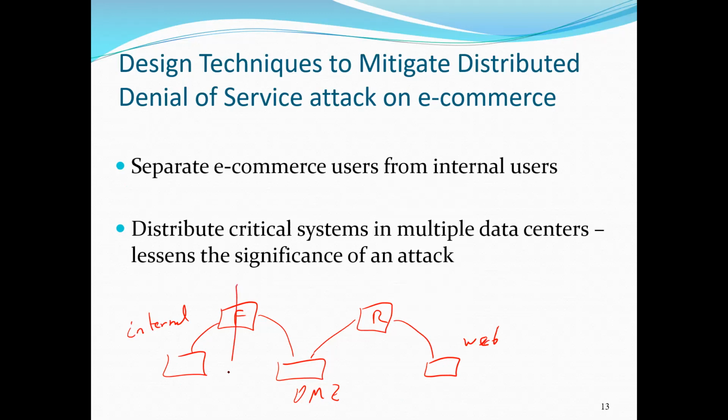So what that is saying is these are the internal users, right? This is your finance, engineering, your payroll, etc. And then the e-commerce is placed outside. So whenever you see me draw this DMZ, it's because here is where you would have your e-commerce server, your Apache web server.